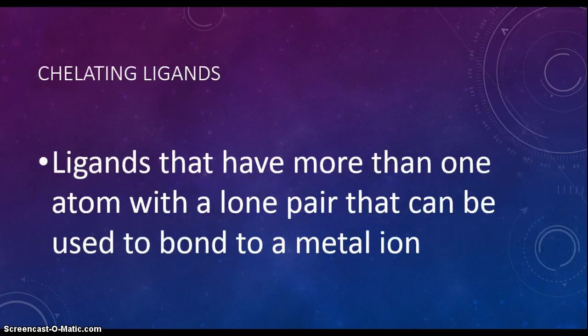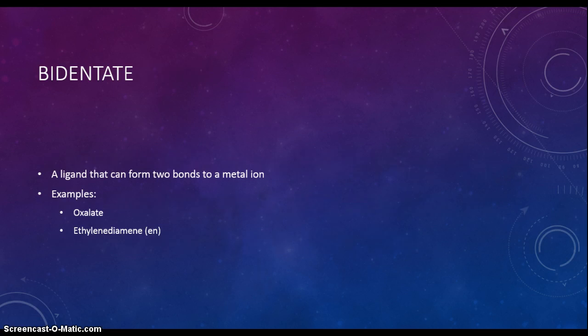There are other types of ligands, and some of them have more than one atom with a lone pair that can be used to bond to a metal ion, and these are called chelating ligands. The word chelate comes from the Greek word chela, meaning claw. Another type is bidentate, a ligand that can form two bonds to a metal ion.